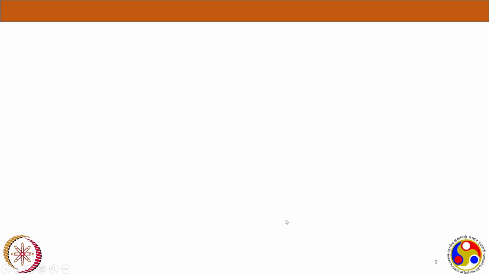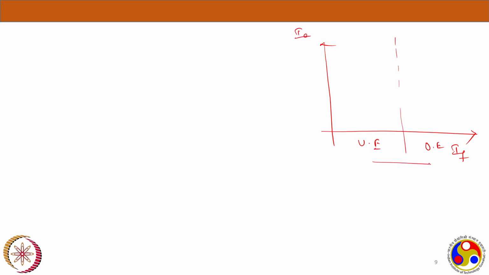Just drawing here. X-axis is excitation, y-axis is armature current. So there, dividing my space into two conditions, that is under-excited and over-excited. From left to right, my excitation will increase. From the under-excited region, this is the lagging condition.